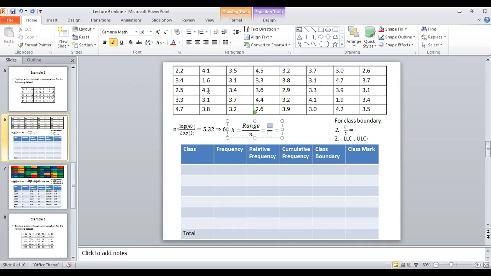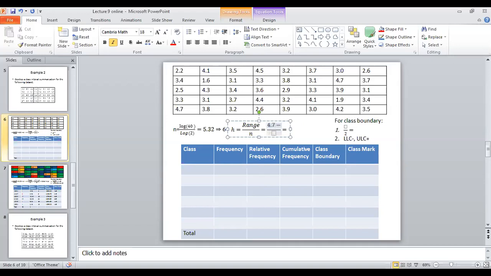In the second column there is no value greater than 4.7. In the third column there is no value greater than 4.7. In the fifth column there is no value greater than 4.7. In the seventh we got 4.7 again, and in the eighth there's no value greater than 4.7. So 4.7 is our maximum value.